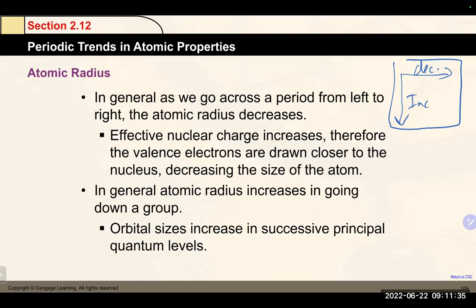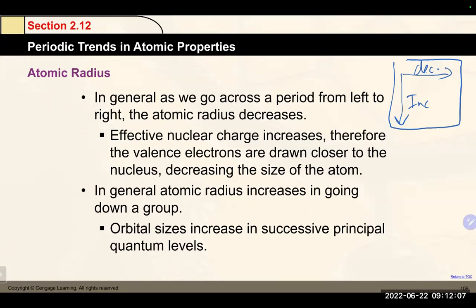Again, to the right on the periodic table, you're going to have a lot more protons, creating a larger positive charge and bringing everybody in a lot closer to the nucleus than on the left, which will have a lower positive charge and won't pull everybody in as much, and also would have fewer protons and fewer electrons as you head to the left. So the effective nuclear charge increases, as I mentioned before, as you go to the right because of the larger number of protons that are there.